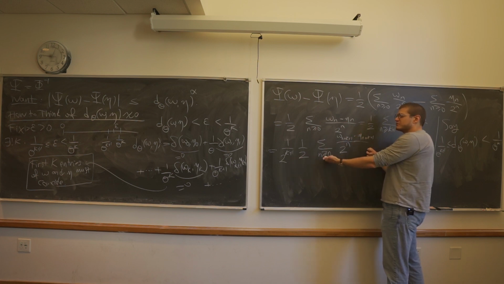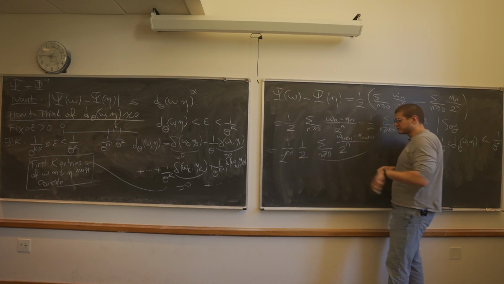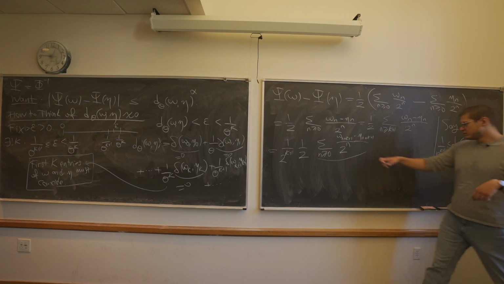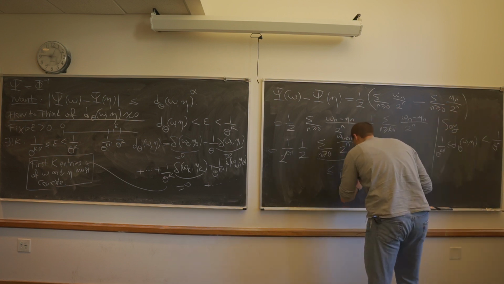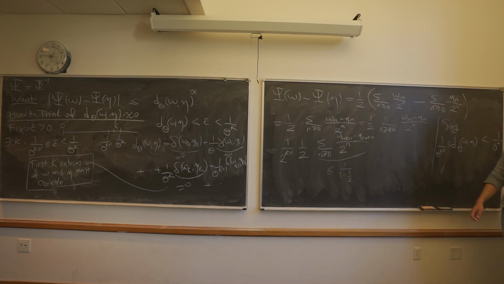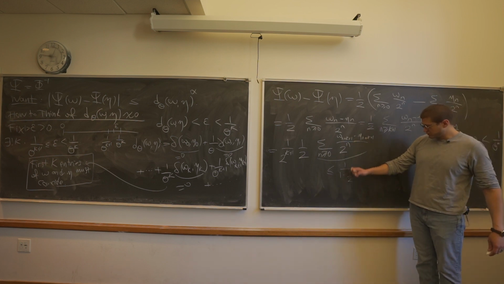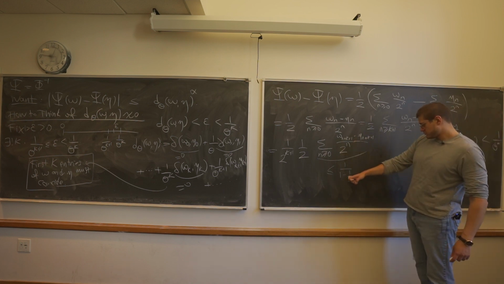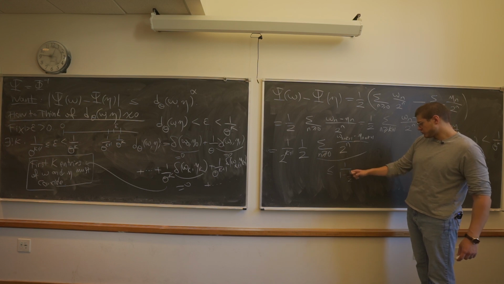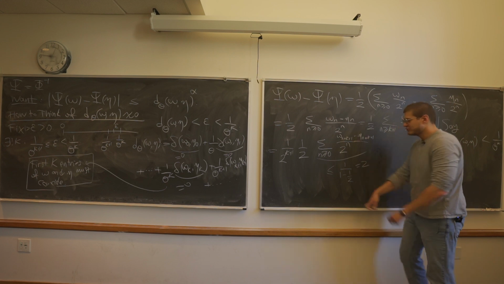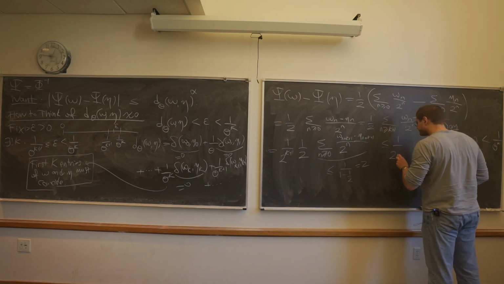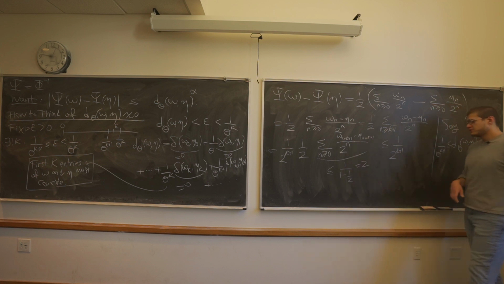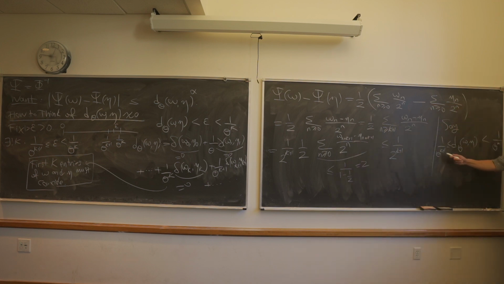In any event, this is bounded by some geometric series, and in fact it's bounded by 1 over 1 minus 1 over 2. That gives 1 over 1 over 2, so this is bounded by 2. With this factor, I get rid of this, so that I'm left with this. So we're almost there.